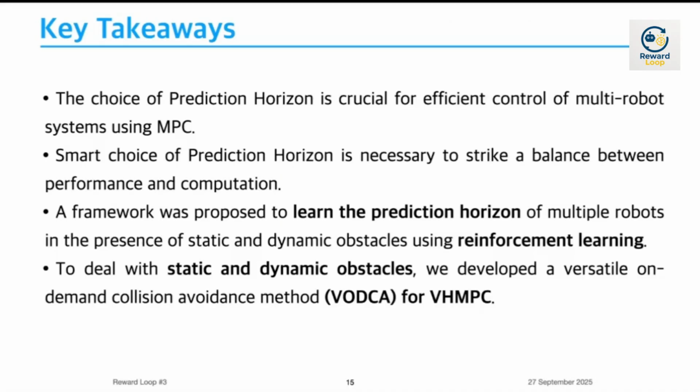And since the previous methods were not generalizable enough, we have to think of a learning-based method which can be generalized over a variety of tasks. And for that, we have used a collective learning framework to learn the optimal value of prediction horizon, which is variable over time and with the number of robots. Also, VODCA, that is versatile on-demand collision avoidance, was another contribution of this work.